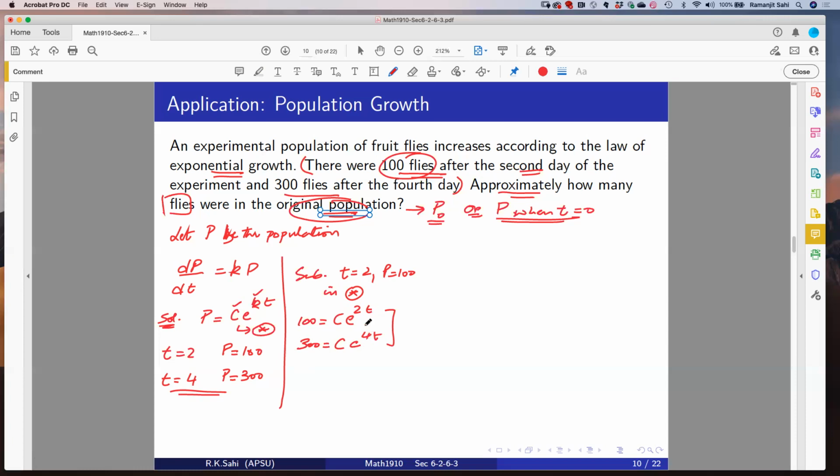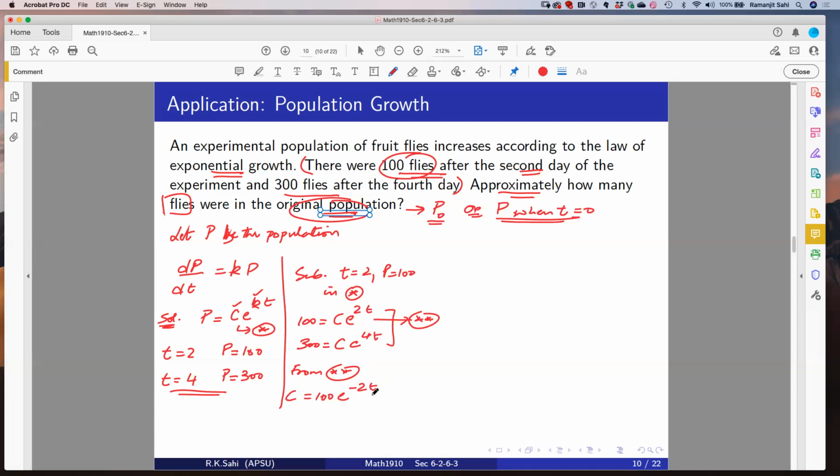To find C and k, I'm going to look at this double star. From double star, what do we see? That C equals 100 e to the power negative 2k.